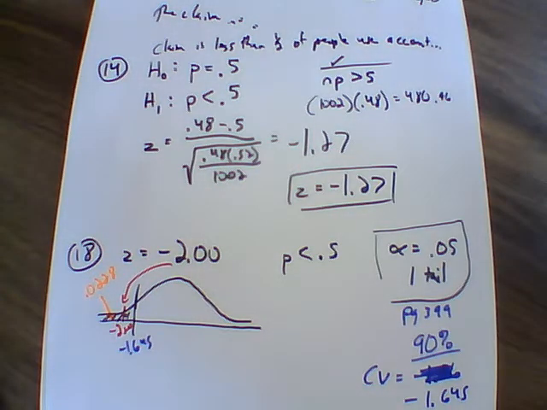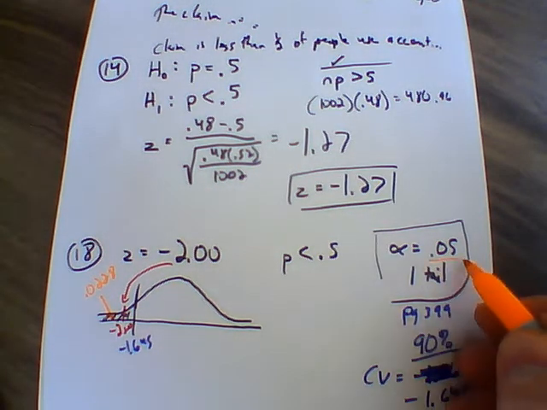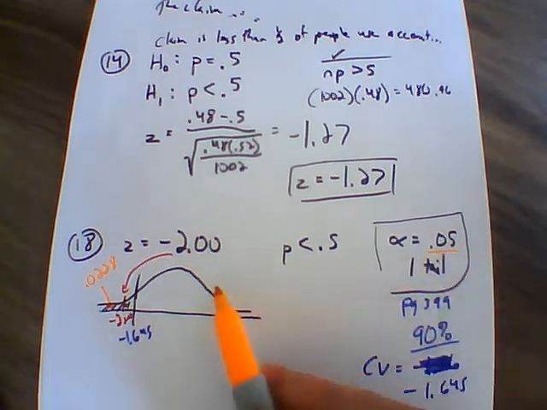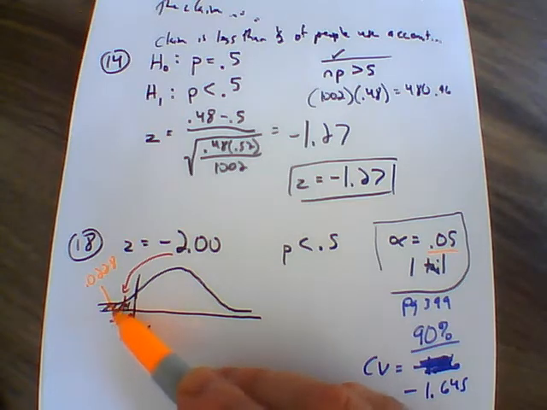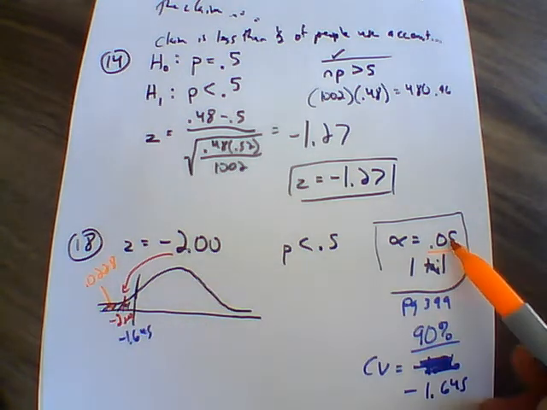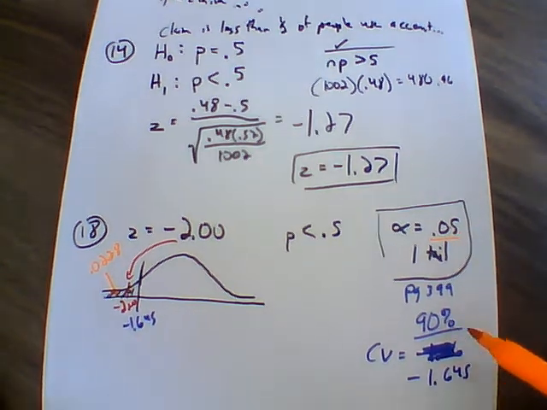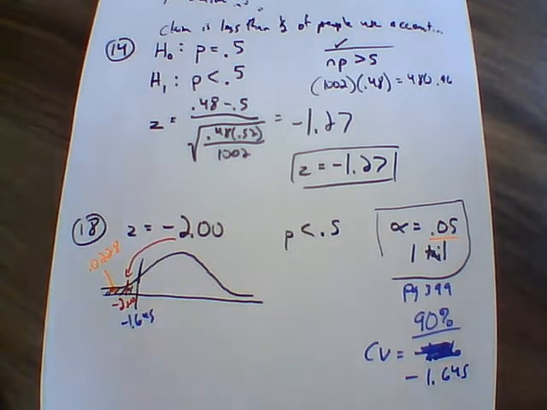Another way to think about this is that if we're talking about that 0.05, this is less than that. So the area in here is less than the area of this critical value, which relates to the significance for that critical value.